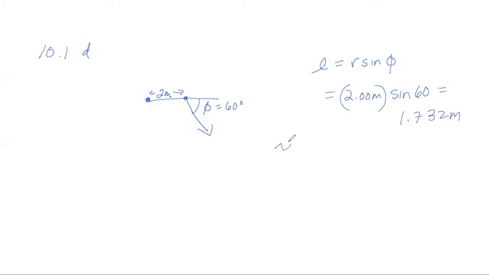And the torque is going to equal 10.0 newtons times 1.732 meters. That's going to be 17.3 newton-meters. And this time we're going clockwise, which is into the page. Into the page, 10D.